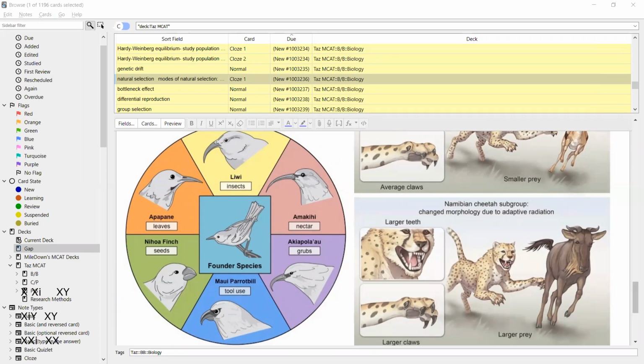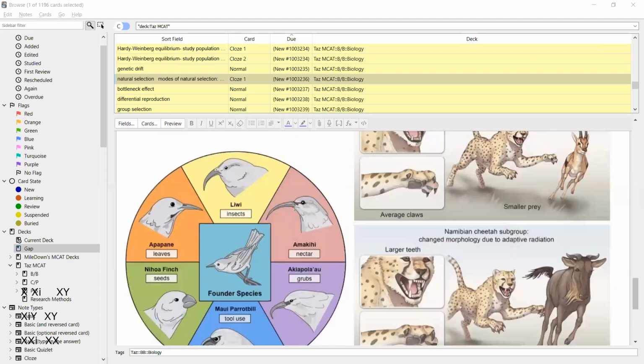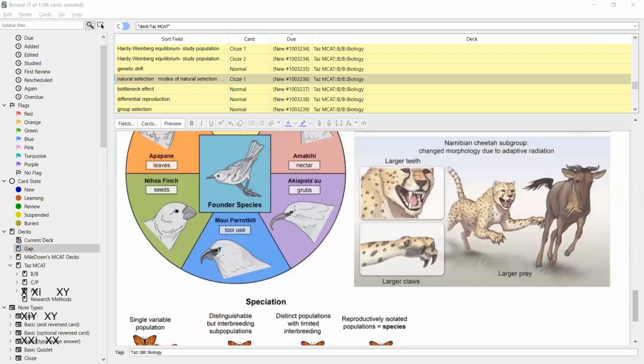They all started from the same bird, and they're all pretty similar to that bird, but their beaks have changed because it allows them to have better access to the food, right? And this happens over a long time and a lot of generations, not right away. And eventually, this might lead to speciation.